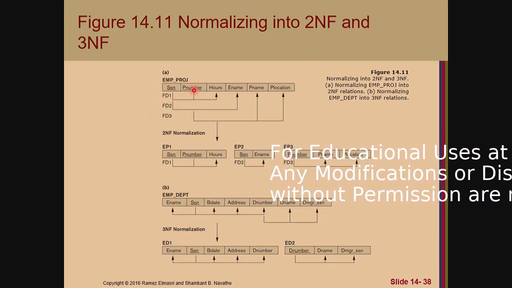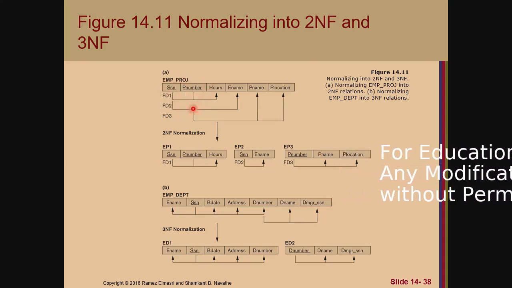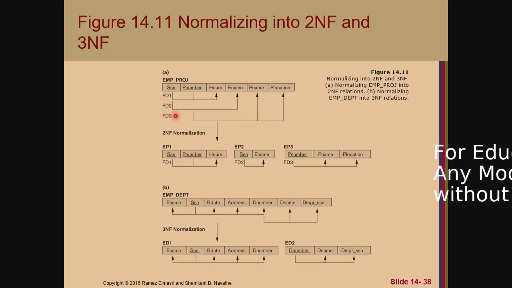SSN and P number both become the primary key. And functional dependency number 2, as you can see, Ename depends on only part of the primary key, just SSN. So this one has to be separated into another table to satisfy the second normal form.